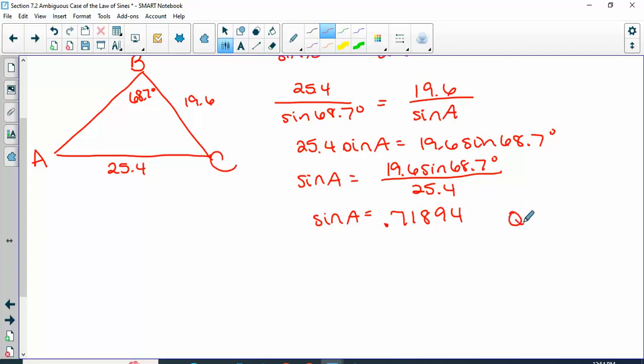So, sine is positive in 1 and 2. Reference angle, if you do sine inverse, comes out to be 45.967. If I rounded that to 3 significant digits, what would it be?